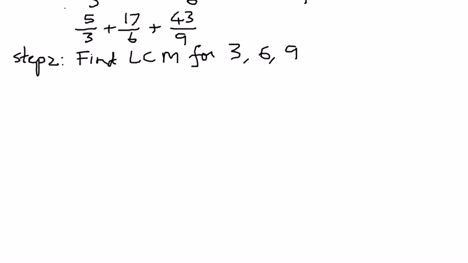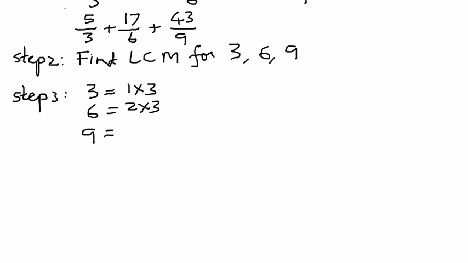We'll write it out as step number 3. The prime factors for 3 are 1 times 3. The prime factors for 6 are 2 times 3. And the prime factors for 9 are 3 times 3.